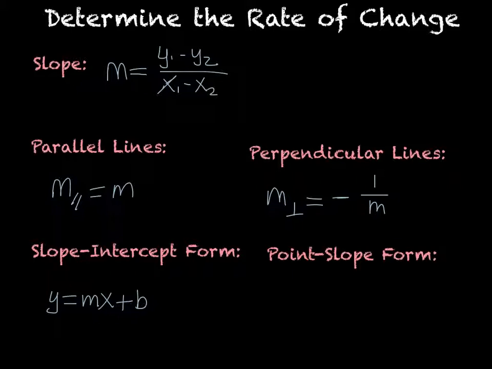Now, this is how I want your answer to be written, but in order to find your answer, in many cases, you will have to use point-slope form, which means y minus y1 equals m times the quantity x minus x1. All right, so this x1 and y1 is just one of the points that you're given. So that information is all a review and what you'll have to use to go on.